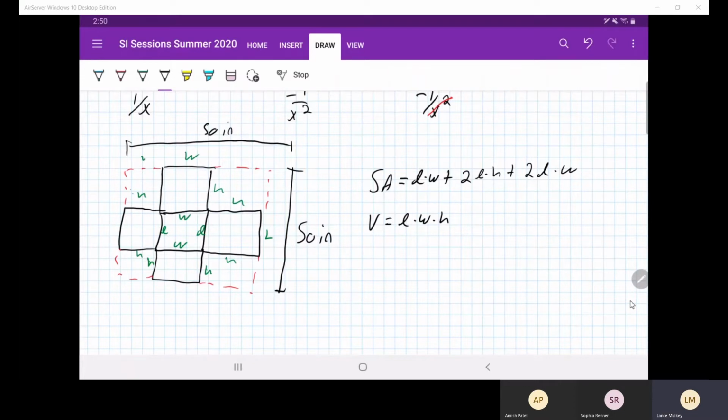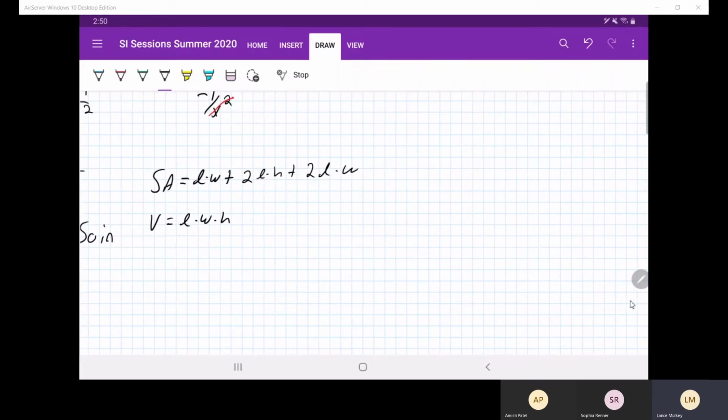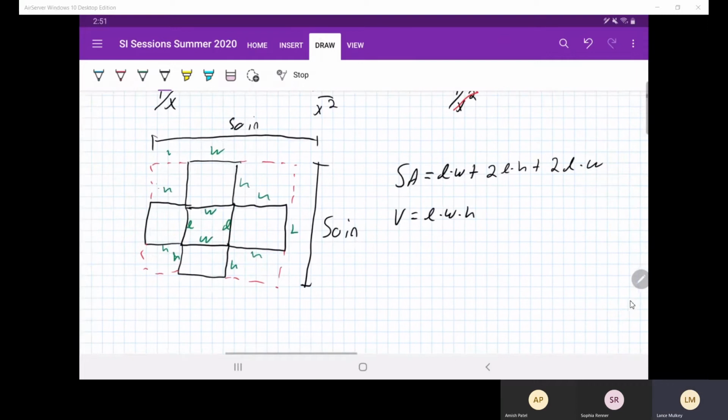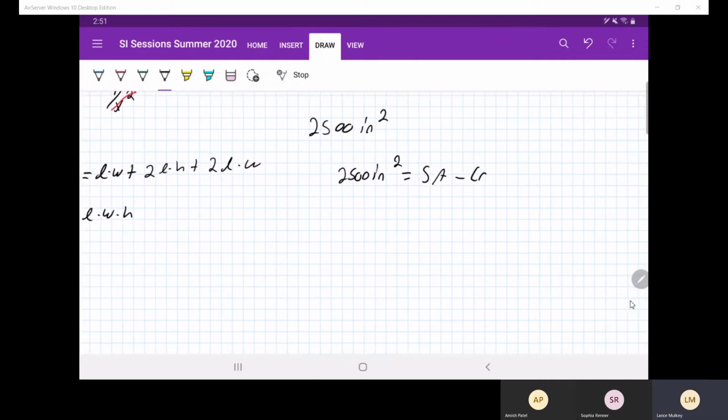And of course, your volume equals length times width times height. So now you have two equations. But now you have the original equation, so you have 2,500 inches squared. That has to equal this equation. So I'm just going to put SA minus corners.